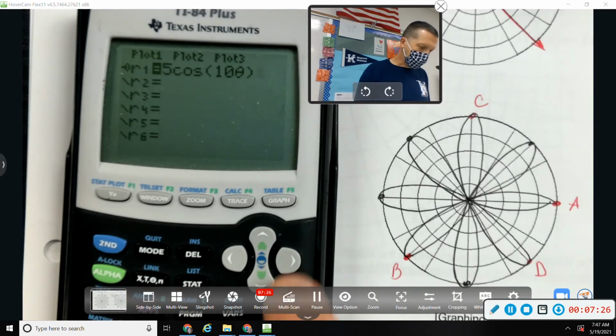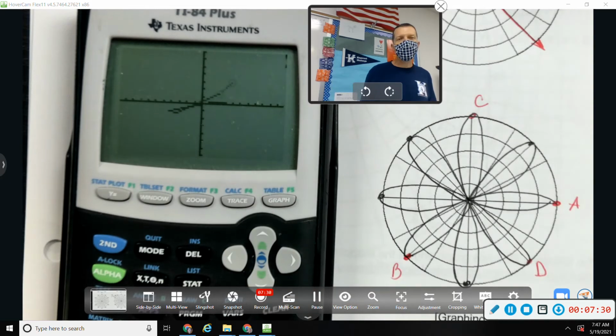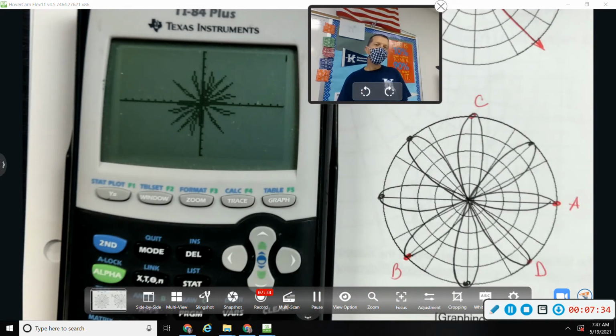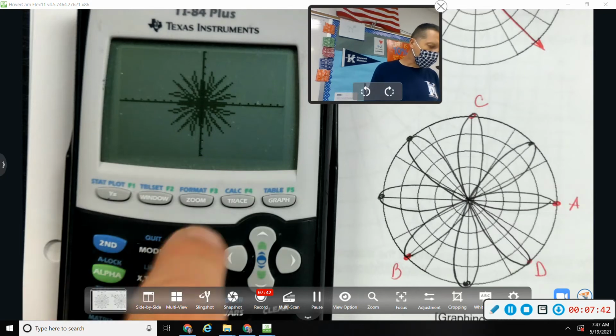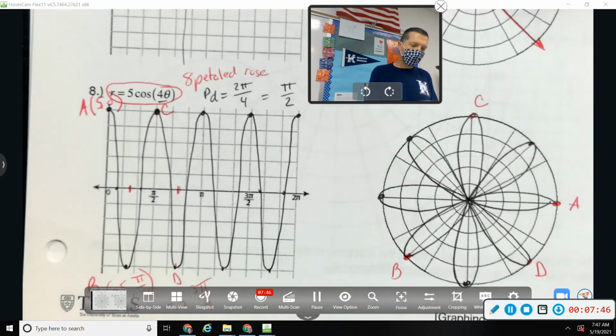So let's see what happens with this. And at some point it gets too ugly. It's just all crowded up and gummed up. And this may be the point we reach there. Yeah, there's our 20 petaled rose. Looks like an explosion of some sort. But polar graphing with the calculator is kind of fun because you can play around and make all sorts of pretty pictures.